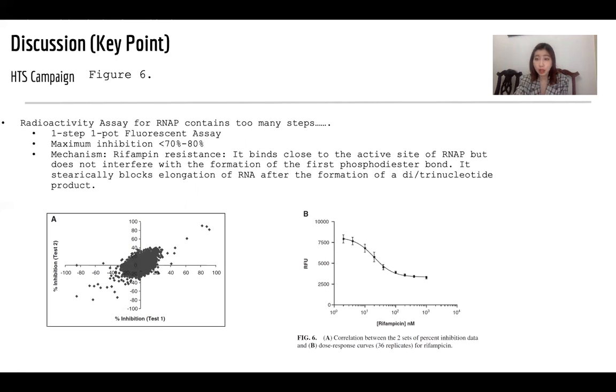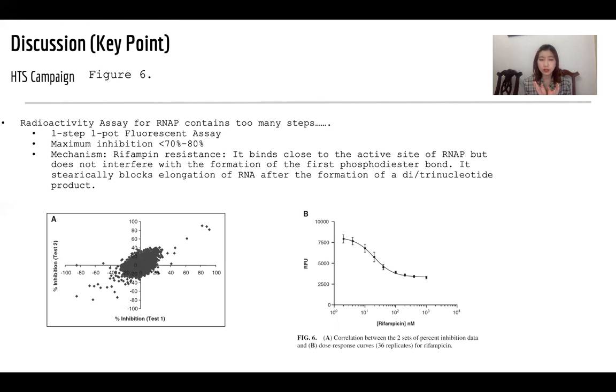Why is that? The rifampin resistance mechanism, I covered in the introduction, is that it binds to the beta subunit of our RNAP. But the thing is that it binds close to the beta strand, but it does not inhibit the first phosphodiester bond.